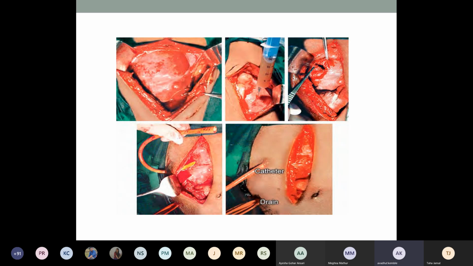A Malecot catheter is kept in the abscess cavity, and the rest of the incisions from peritoneum to skin are closed with an additional corrugated drain in, so that if at all something leaks into the peritoneal cavity, it will get out with the help of that drain.